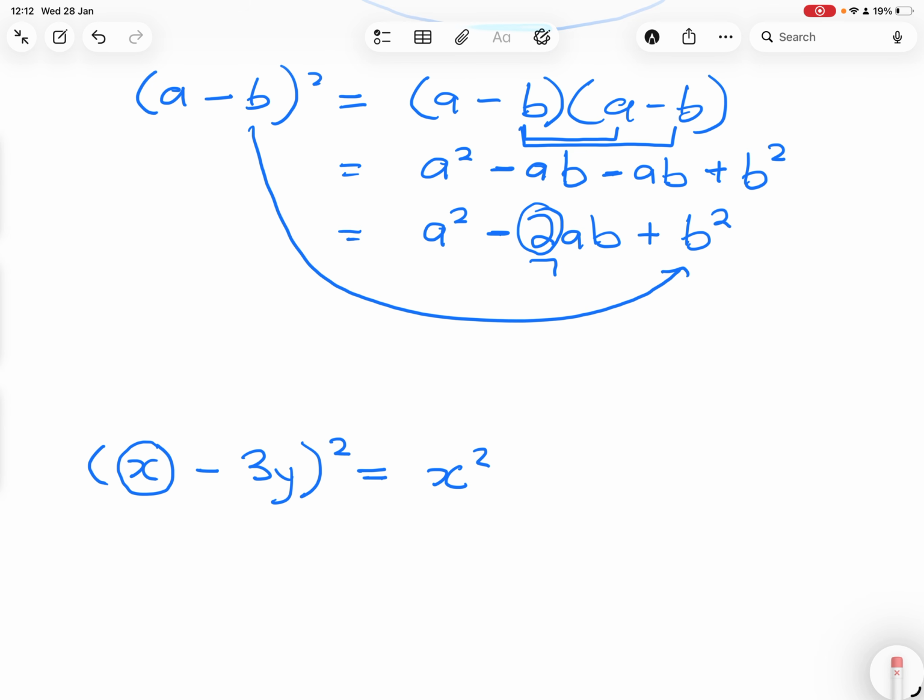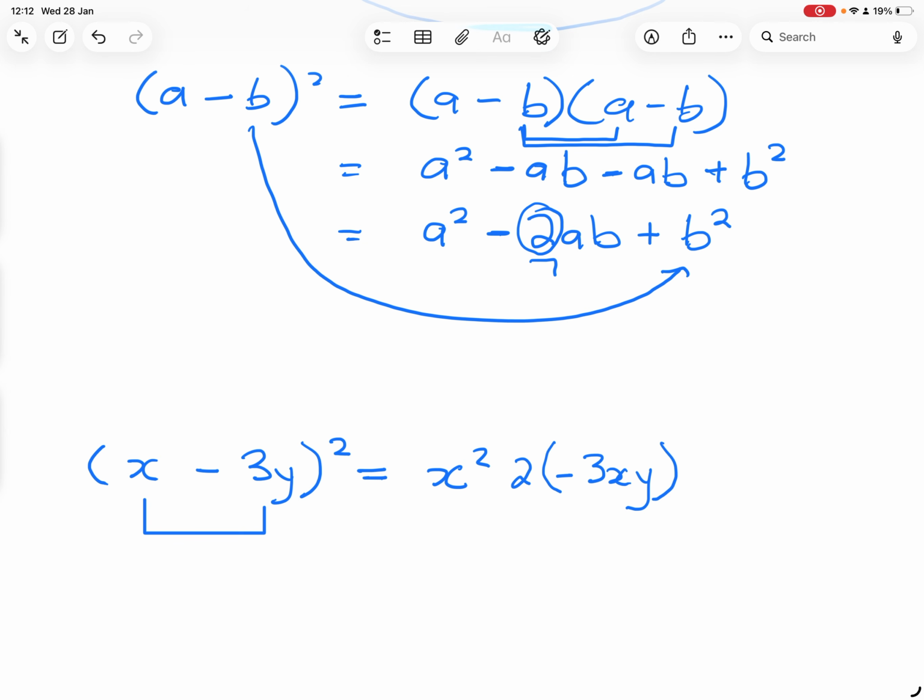And remember what we said for the middle term. We said you take the product of the two terms. So that's x multiplied by negative 3y. That will give me negative 3xy. But remember what we do. We multiply that by 2.